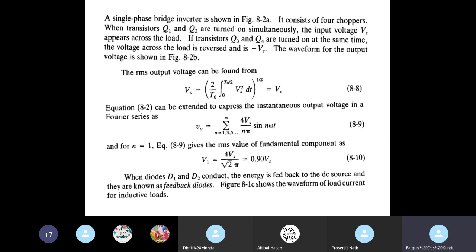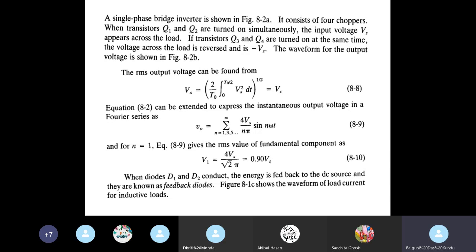The input voltage Vs appears across the load, and if the transistors Q3, Q4 are turned on at the same time, the voltage across the load is reversed, that is minus Vs. And we also see the waveform. Now what is the RMS output voltage? The RMS output voltage V0 is nothing but the square root of 2 by capital T0, integration 0 to T0 by 2, V square dt.